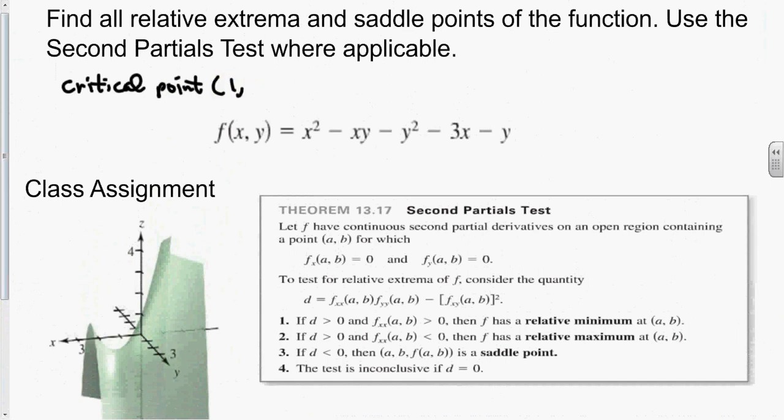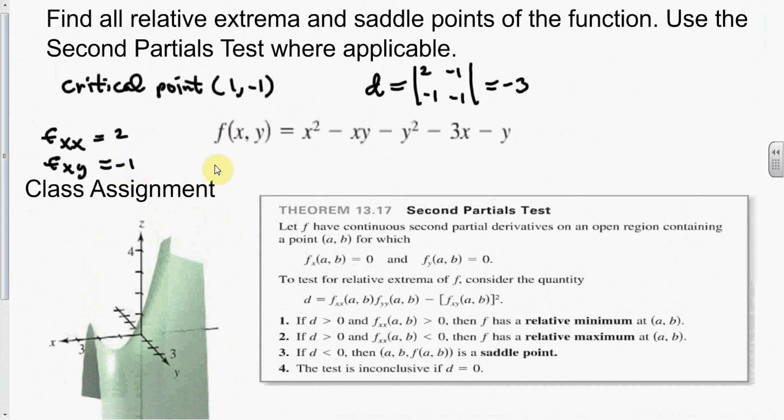We get a critical point at 1 comma negative 1, and D is 2, negative 1, negative 1, negative 1, negative 3. f xx is 2, f xy is negative 1, f yx is negative 1, f yy is negative 1.